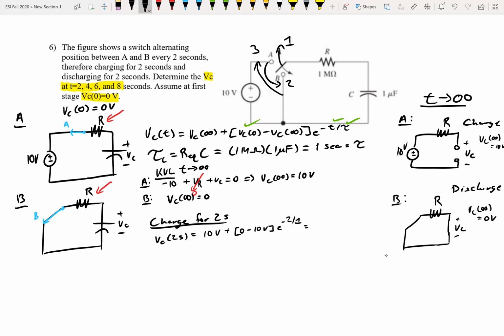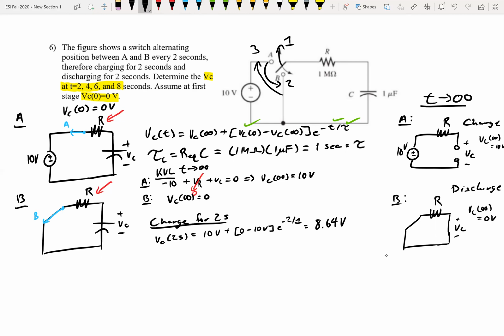And this will give us 8.64 volts. We'll just call it that. Okay.